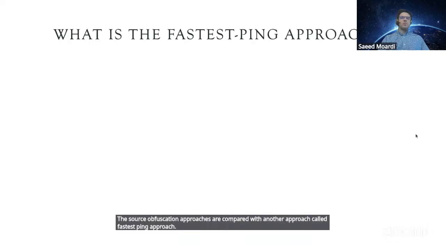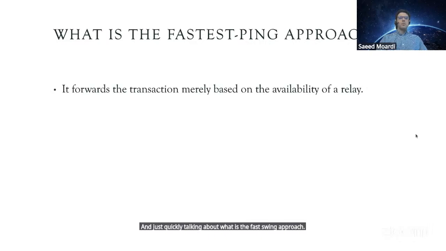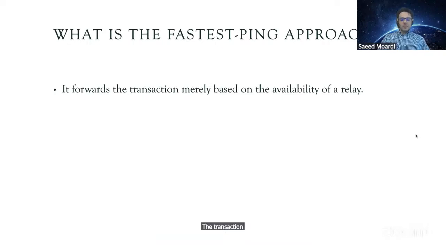And just quickly talking about what the fastest ping approach is. It forwards the transaction merely based on the availability of the relay. So if a relay is responding pretty quickly, the transaction will be sent to that specific relay.